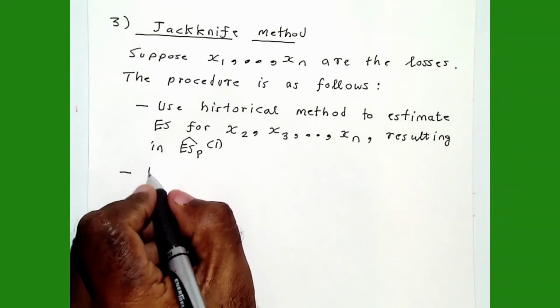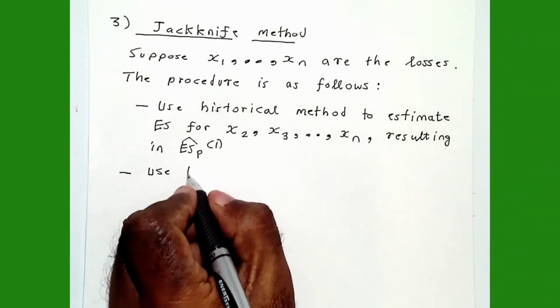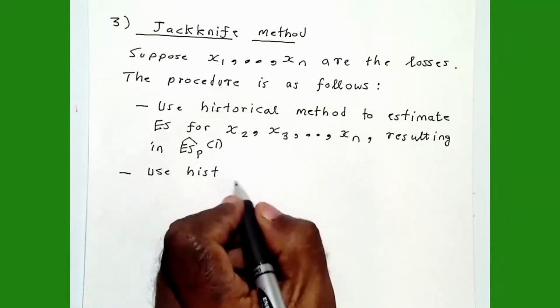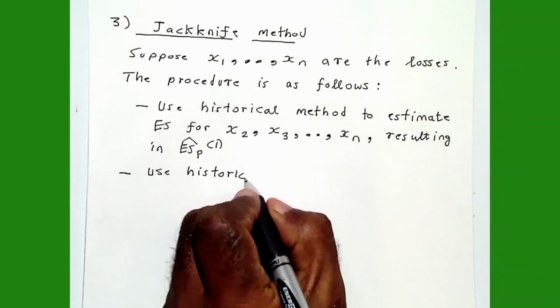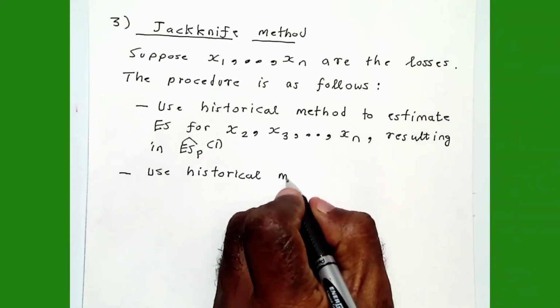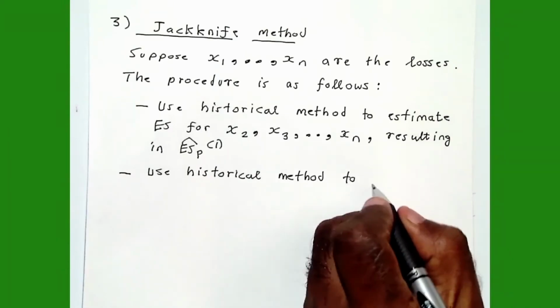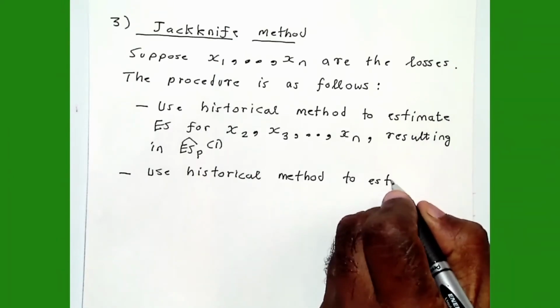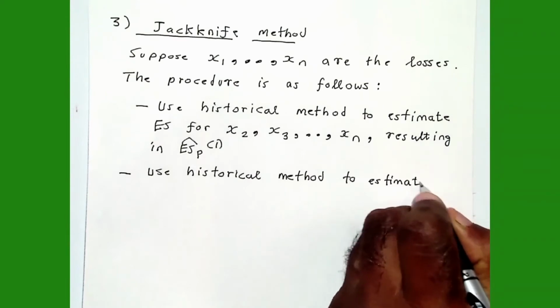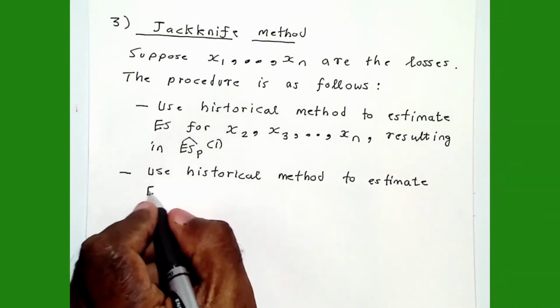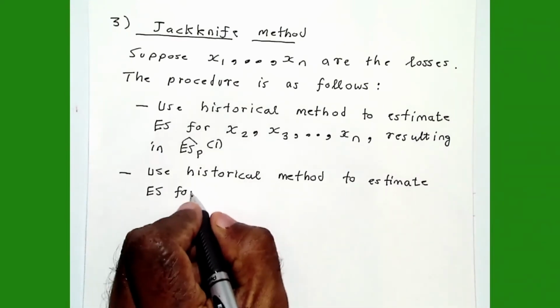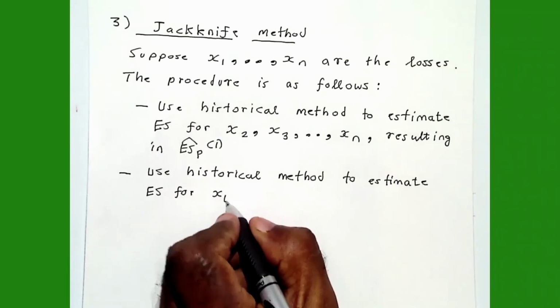The second step is to use the historical method to estimate ES for the following data.